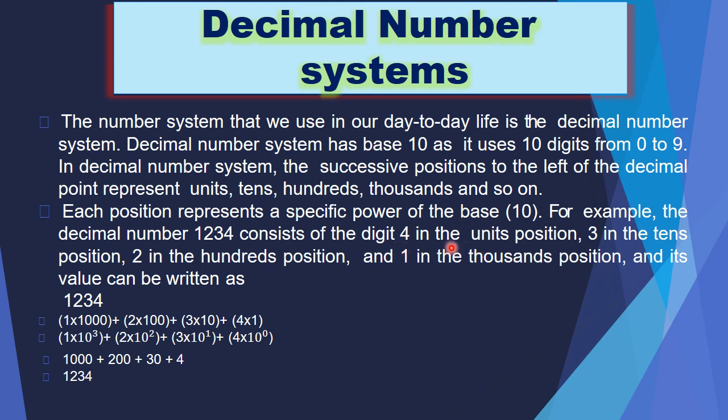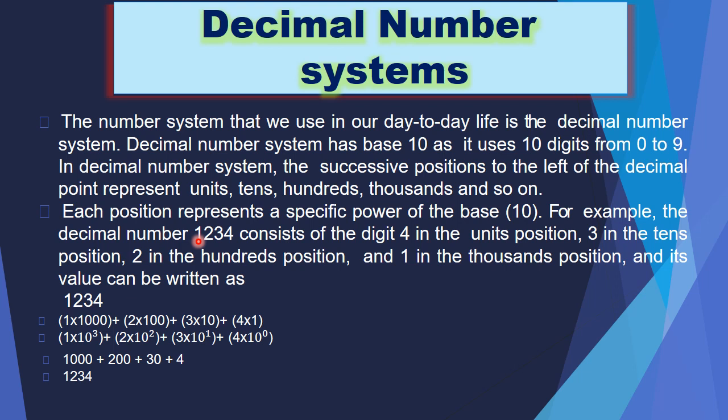And the digit 4 is in which position? Units position. And 3 is in which position? Tens position. You have learned all this in your maths also. And then 2 is in the hundreds position. And 1 is in the thousands position.